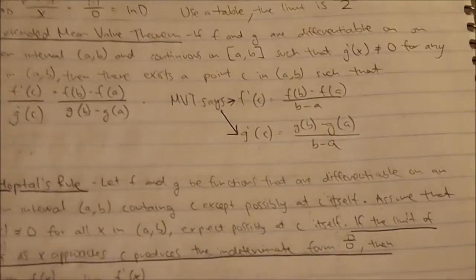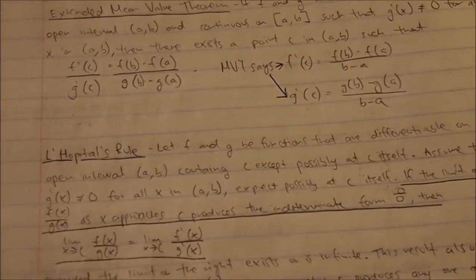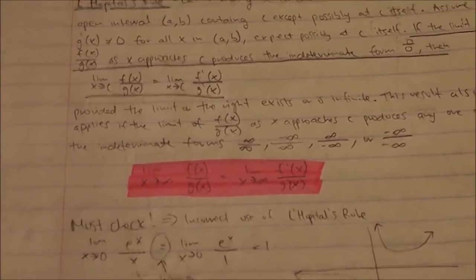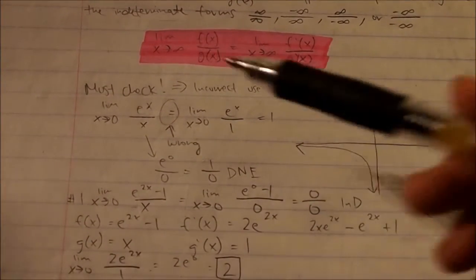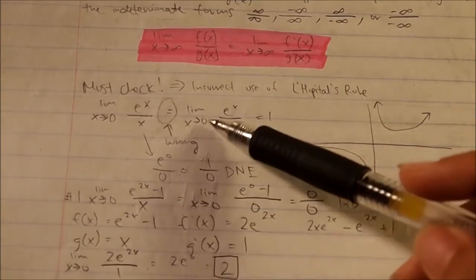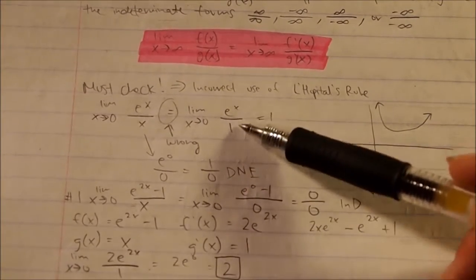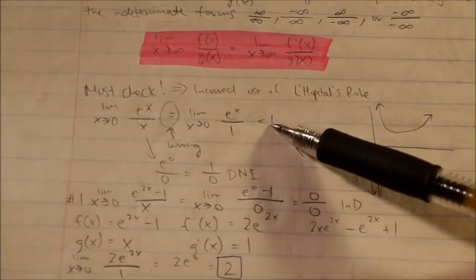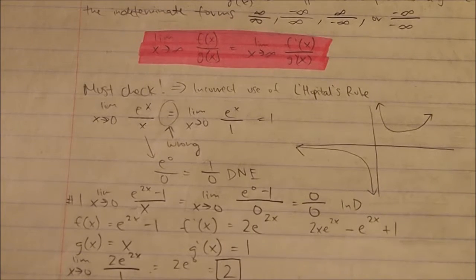Now let's look really quick at an instance where there's an incorrect use of L'Hopital's rule. In this case, the limit as x approaches 0 of e to the x over x cannot equal the limit as x approaches 0 of e to the x over 1, and you cannot conclude that it equals 1.